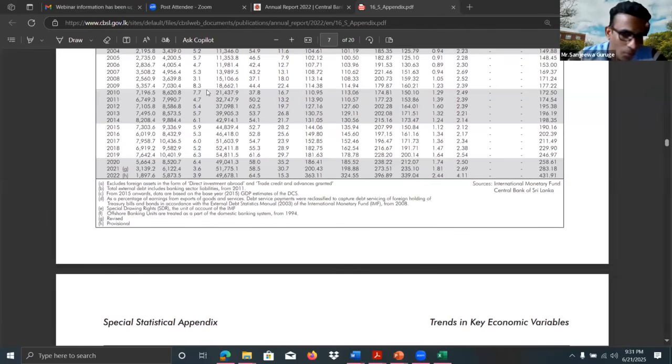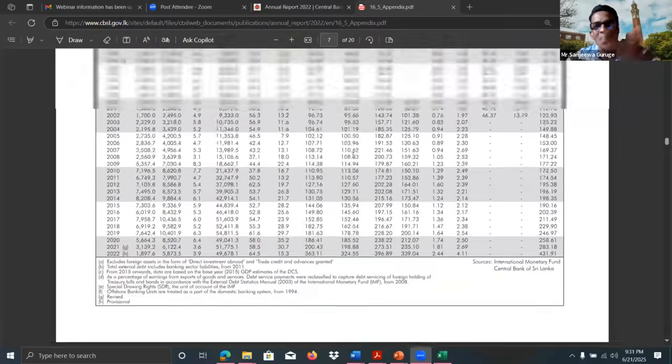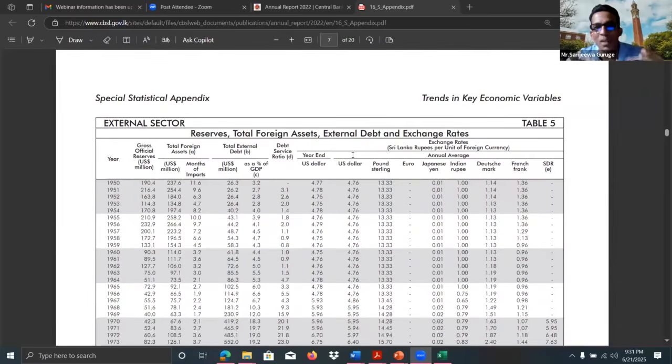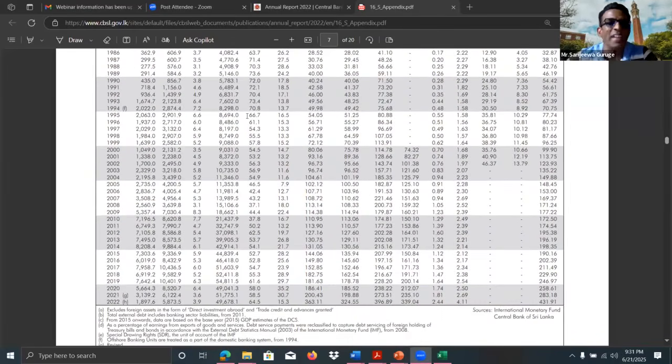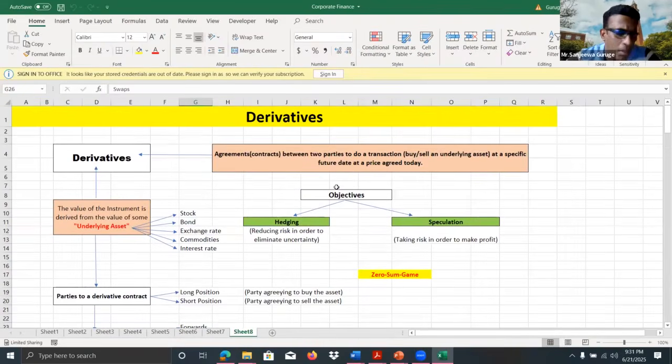Comparatively low, because the rupee has depreciated against all the currencies. See the amount of rupees we paid to buy these major currencies in 1950 and even in 1980, and see the amount that we pay now. But when you calculate the percentage, the highest depreciation is maybe against yen.